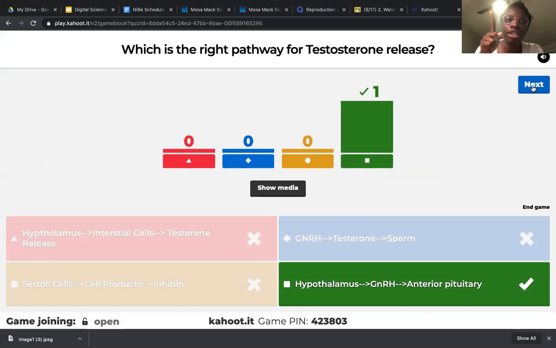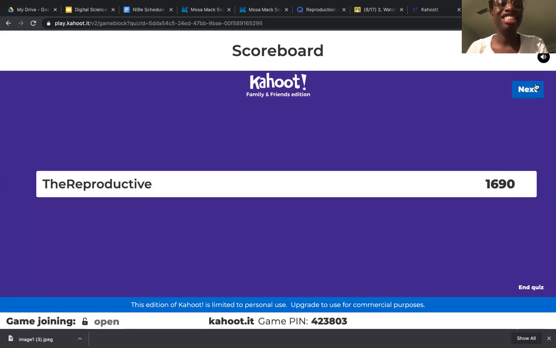First you get the hypothalamus, which produces GnRH, which then goes to the anterior pituitary, and then it goes from there. That's the right pathway. These other ones don't make any sense because the hypothalamus doesn't go directly to the interstitial cells. What actually interacts first is GnRH, then the pituitary, and then finally the cells.